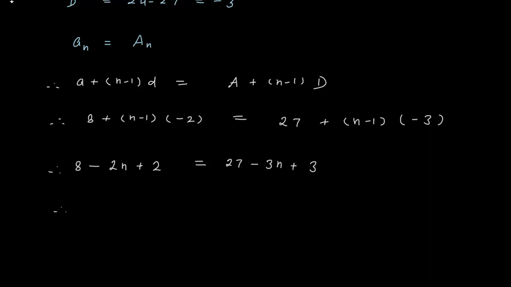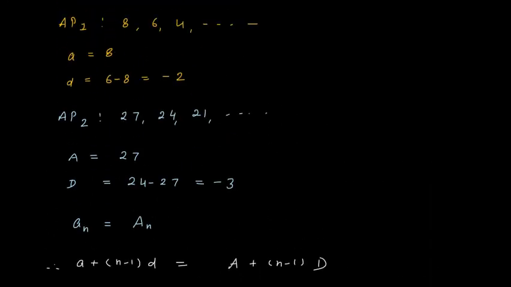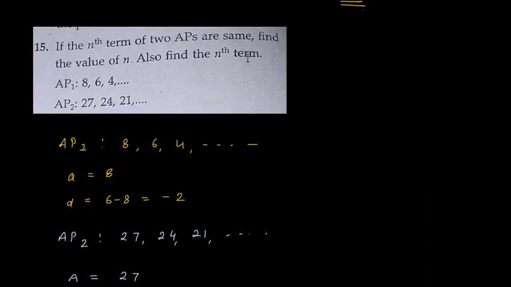Therefore this minus 3n I will move to the left. So it is minus 2n plus 3n is equal to 27 plus 3 is 30 minus 8 plus 2, which is 10. Minus 2n plus 3n is n, and 30 minus 10 is 20. So n is equal to 20.